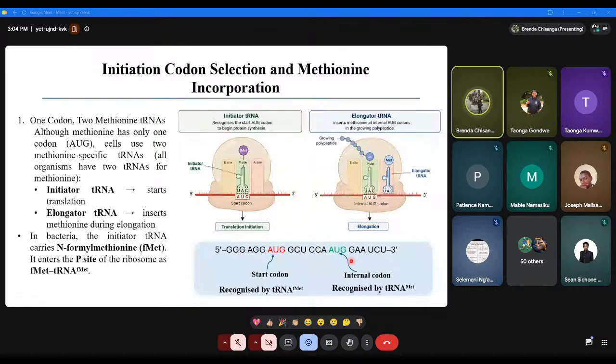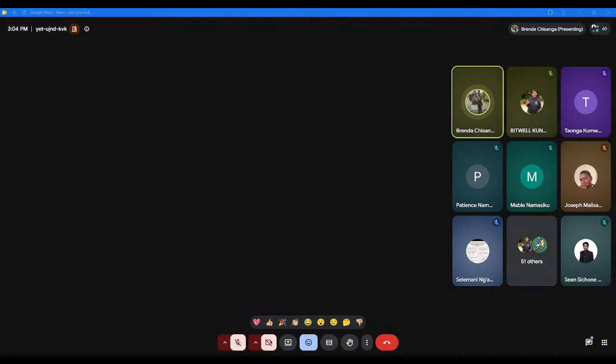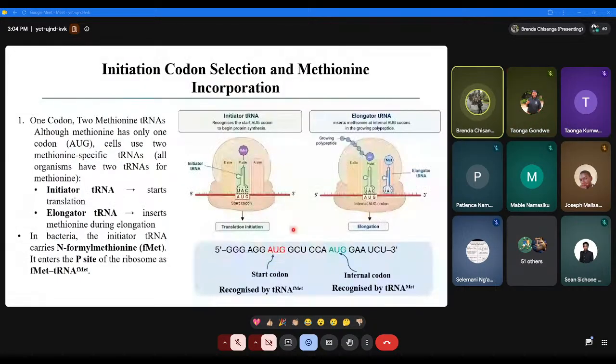In the same way, this information has to be read right from the start codon all the way to the stop codon. What that means is that the cell must have a mechanism to distinguish this AUG, which marks the beginning of the information, from this AUG, which can be found anywhere else along the mRNA.